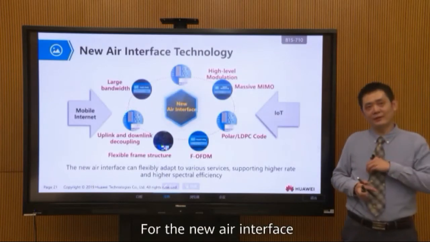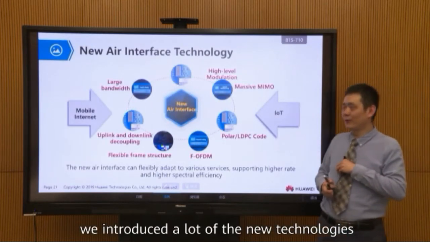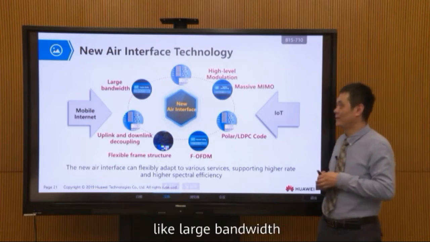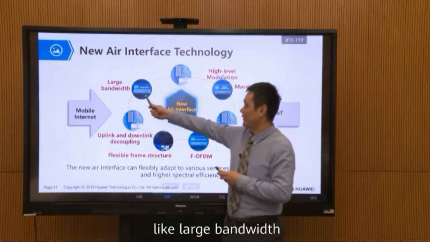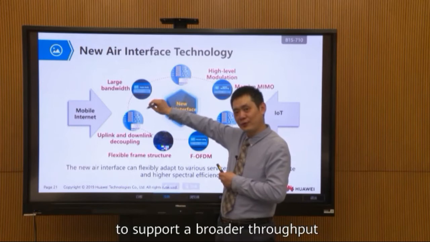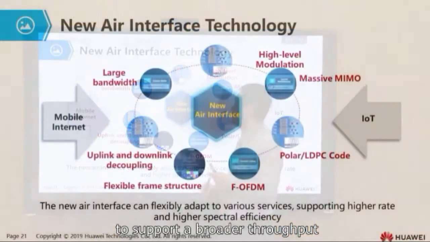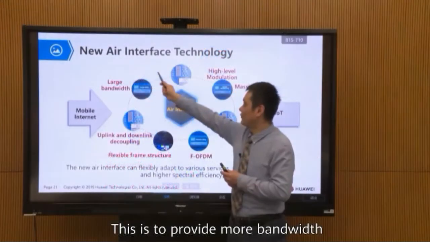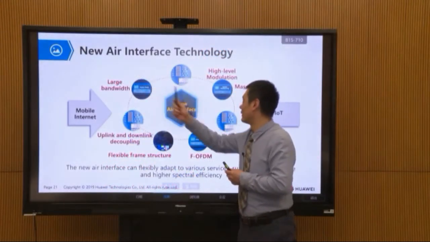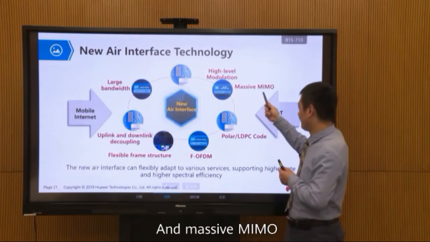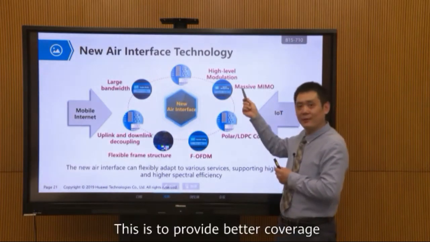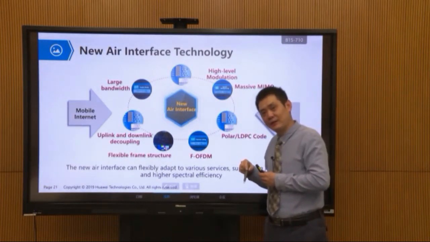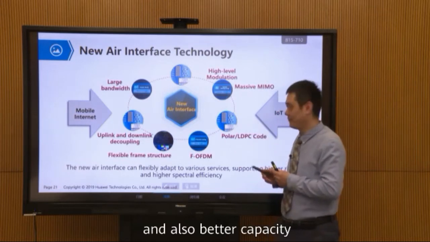For the new air interface, we introduced a lot of new technologies like large bandwidth, to support broader throughput. High-level modulation, to provide more bandwidth. And massive MIMO, to provide better coverage and also better capacity.